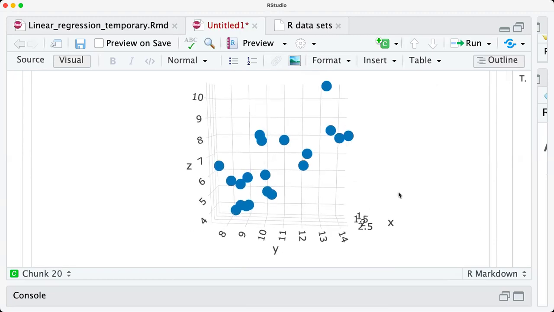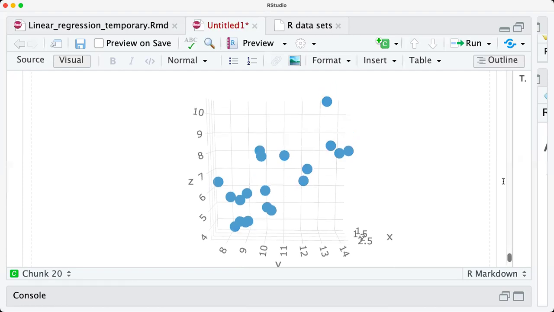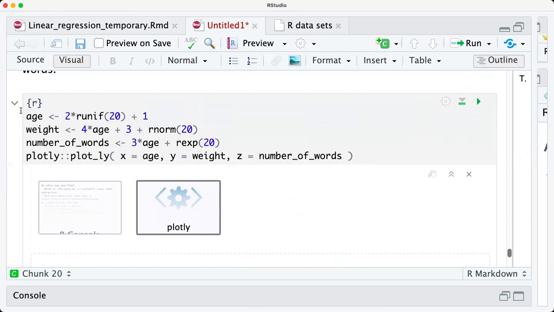So now there is not anymore an x. So we see that the weight, which is the y, has a correlation with z, which is the number of words.